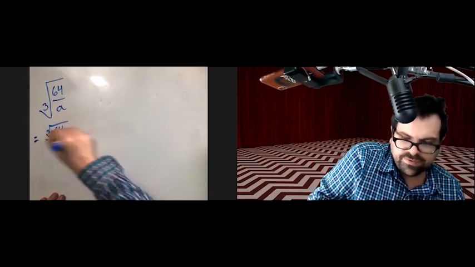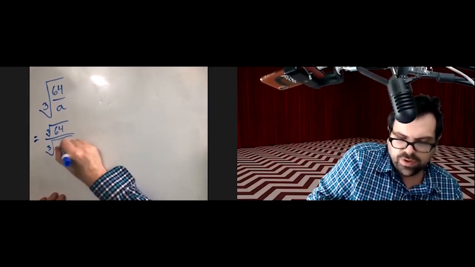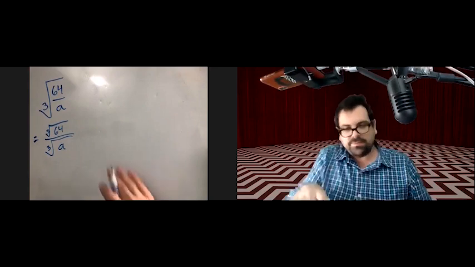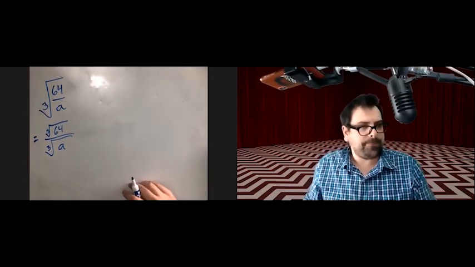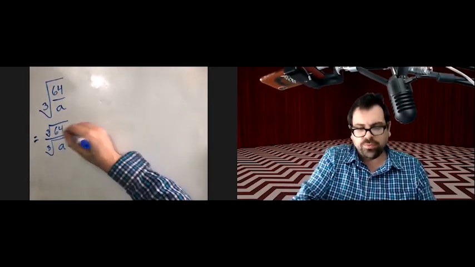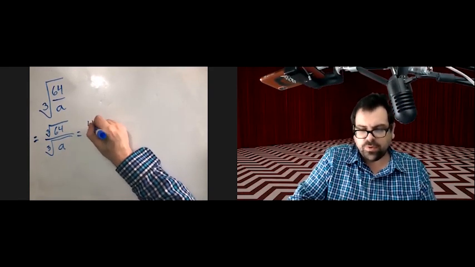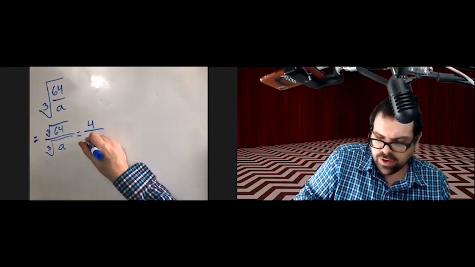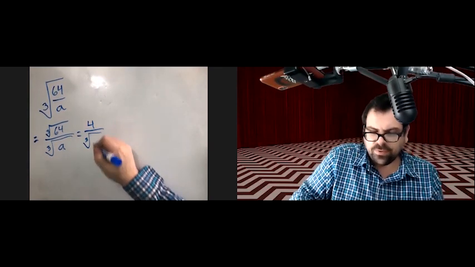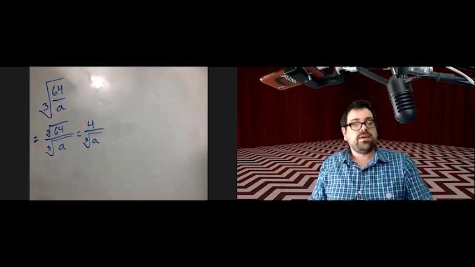Cube root of 64 over cube root of a. And the cube root of 64 is 4. So what we're looking to rationalize is 4 over the cube root of a.